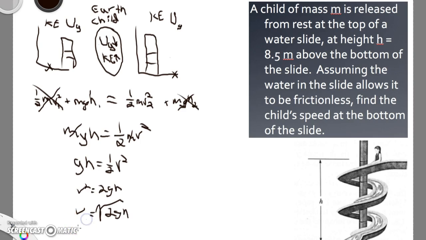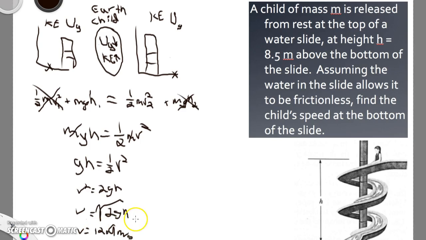If you punch this in your calculator, you're going to get that the velocity of the child at the bottom of the slide is 12.9 meters per second.